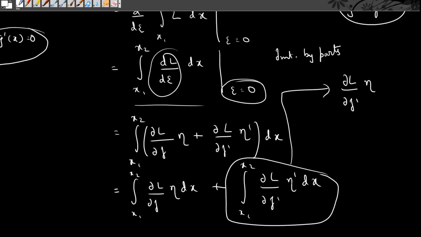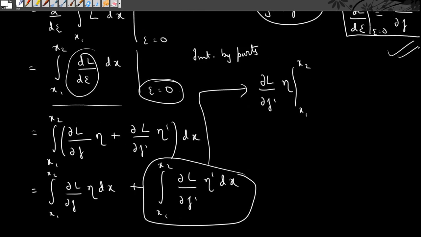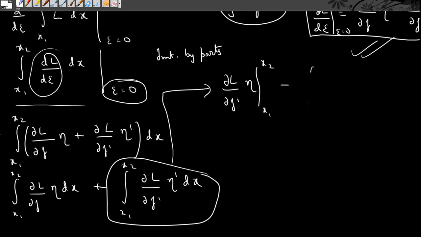I am basically integrating eta dash, which becomes eta, and apply the limits x1 to x2, minus integral x1 to x2, I am again integrating eta, and now I have to differentiate this function, which becomes d by dx times dou L by dou f dash into dx. So this is just using integration by parts. I have expanded this expression.